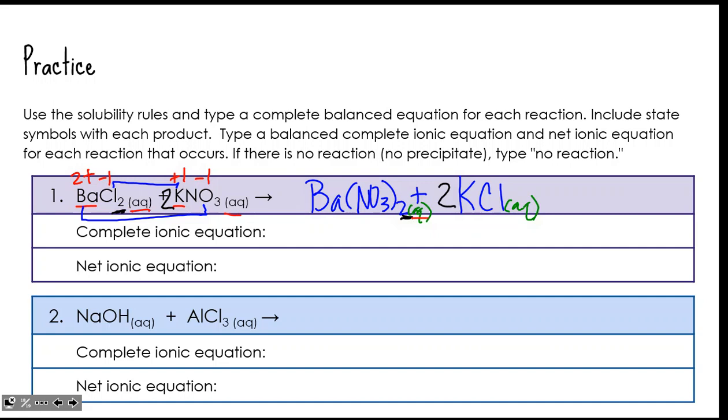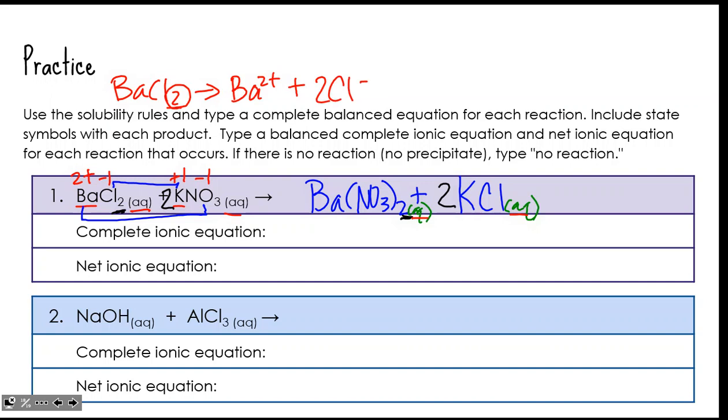Aqueous, staying dissolved. So we write out our complete ionic. We're going to break everything up into its ions, and we're going to balance the ions as well. So not only do you break them up, but you also have to balance them. So if the barium chloride breaks up, you're going to get 1 barium, plus, since there's a 2 here, you're going to get 2 of the chlorides.